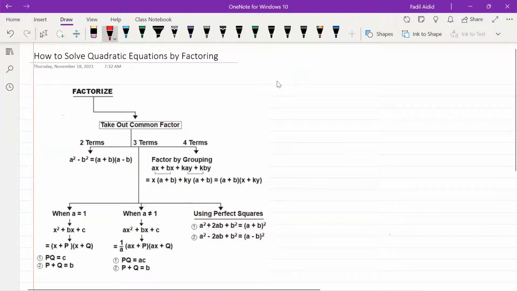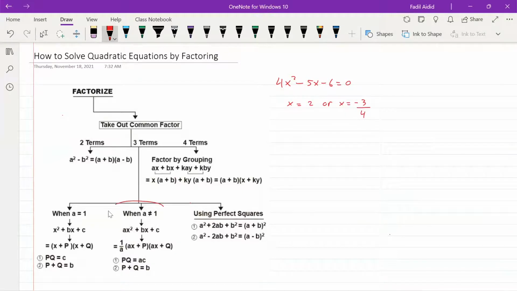Okay, use the same example. 4x squared minus 5x minus 6 equals 0. Now we already solved this, right? We got the answer x equals 2 or x equals -3/4 using this formula.